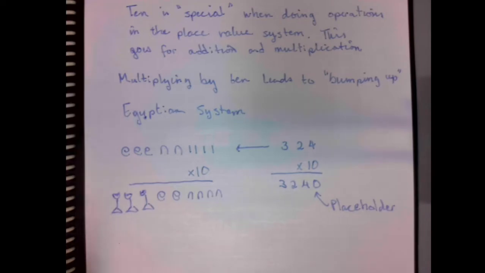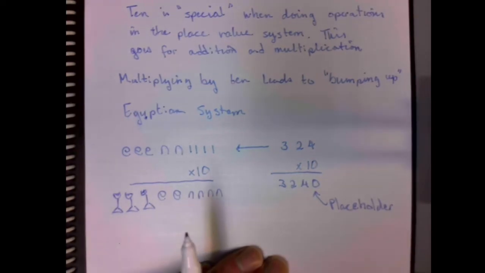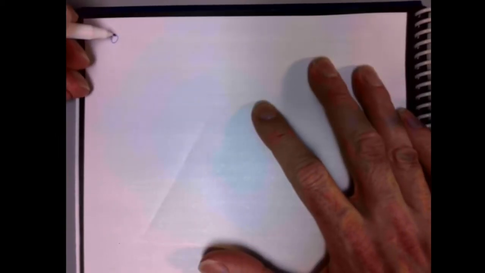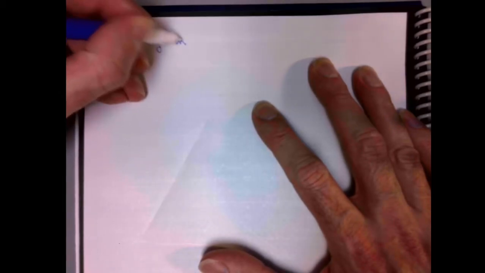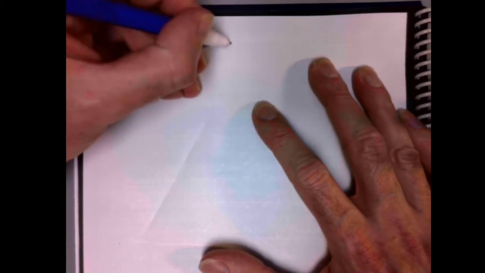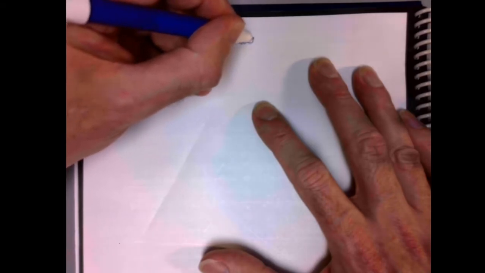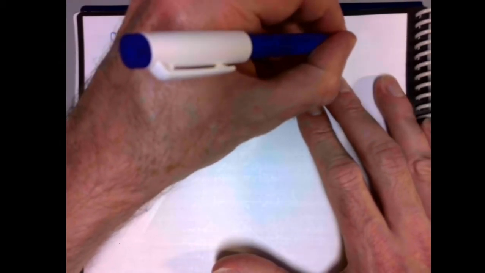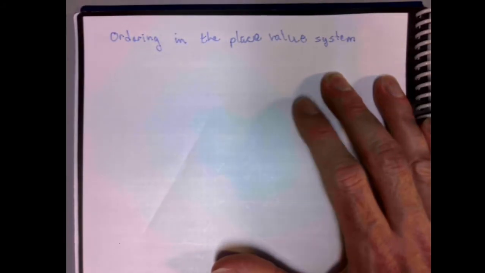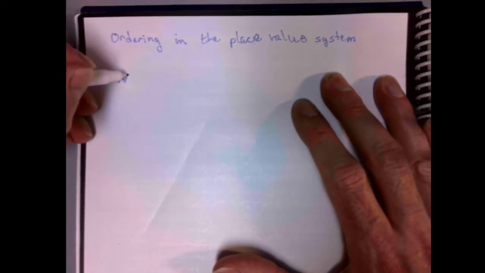Let's look at a couple quick examples of ordering numbers. So we're talking about ordering in the place value system. We'll try to answer something like this.